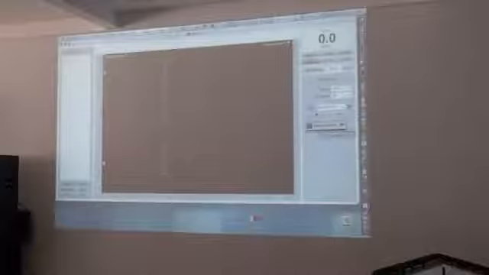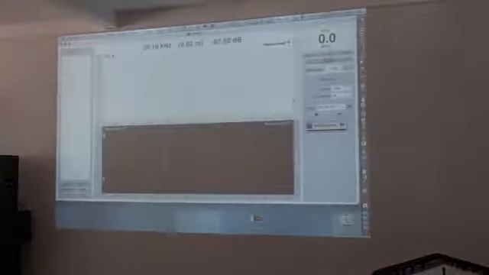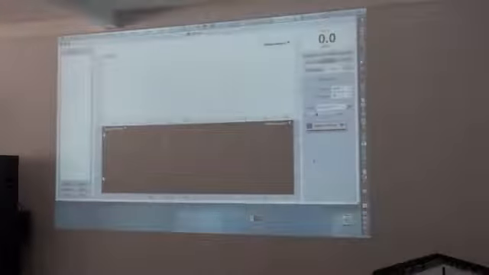So the spectrograph shows similar information to a real-time analyzer. The difference is that the information in the spectrograph is shown by colors.